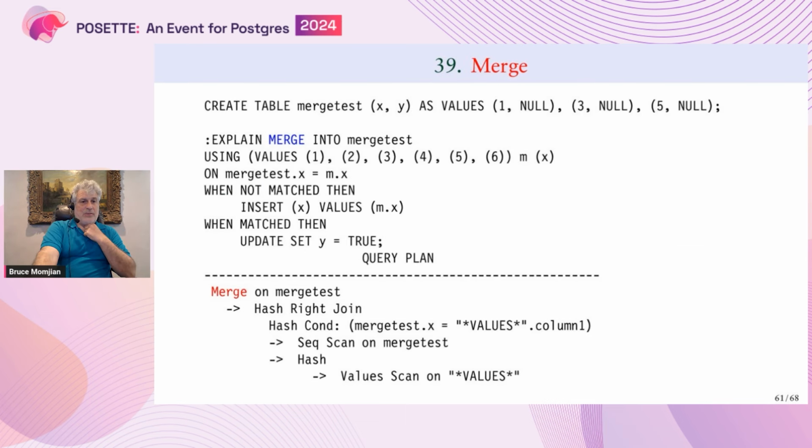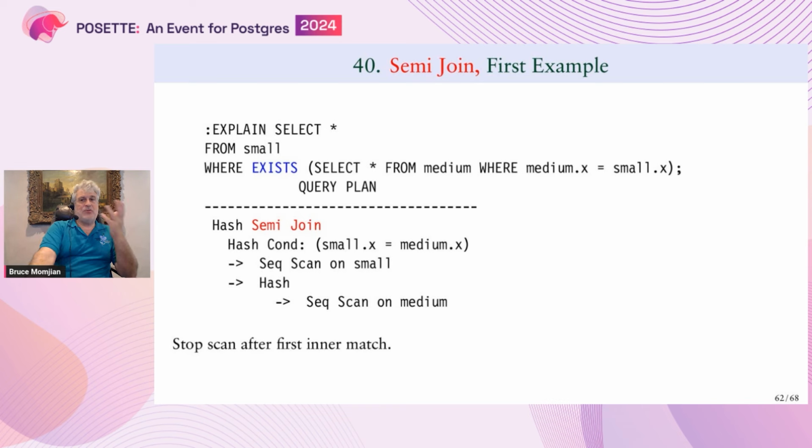If you're using the merge command, we do have a merge node that allows you to effectively run the merge operation. Semi-join, this is kind of interesting. I didn't really understand all the details here till I dug into it, but a semi-join is effectively similar to an IN clause, except you stop on the first match. So it's sort of like EXISTS, saying, do I have any rows?